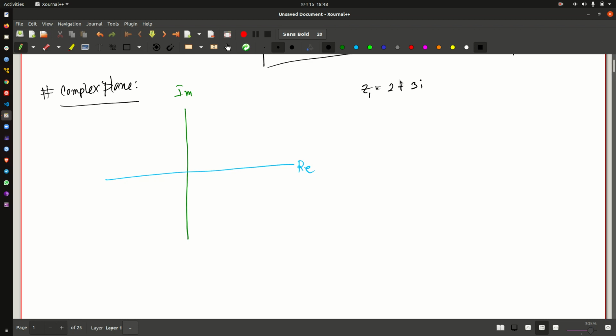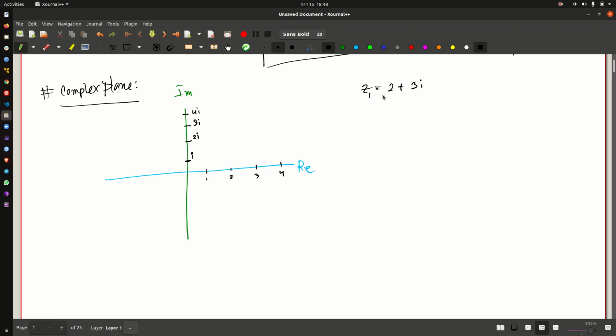That means this imaginary unit, this green line over here, let's say this is 1 unit, so it should be i. This is 2 units, so it should be 2i. This point represents 3 units, so 3i, and so on. And let's say this is 1, 2, 3, 4, and so on. So this is 2.